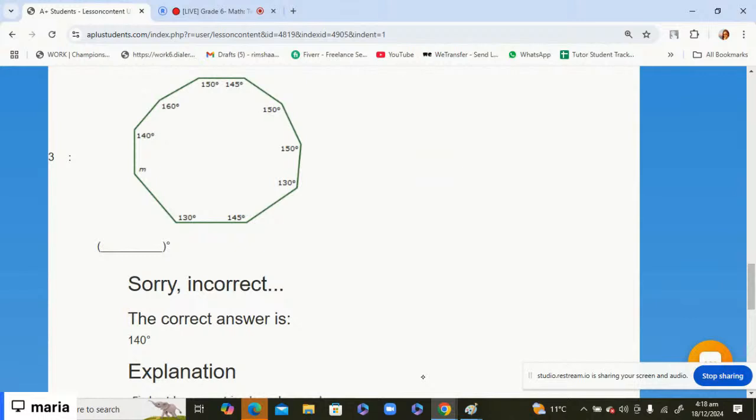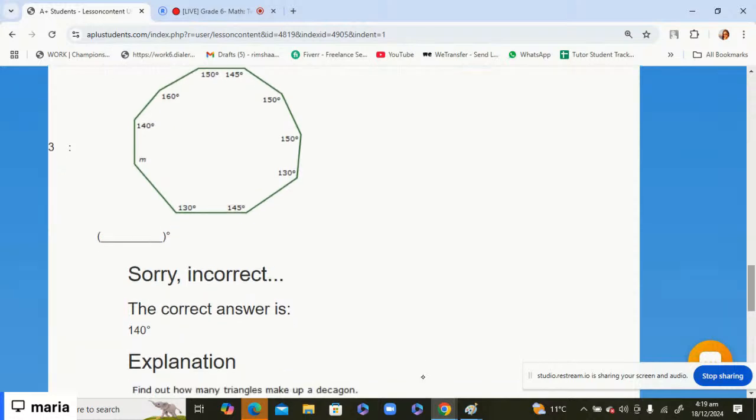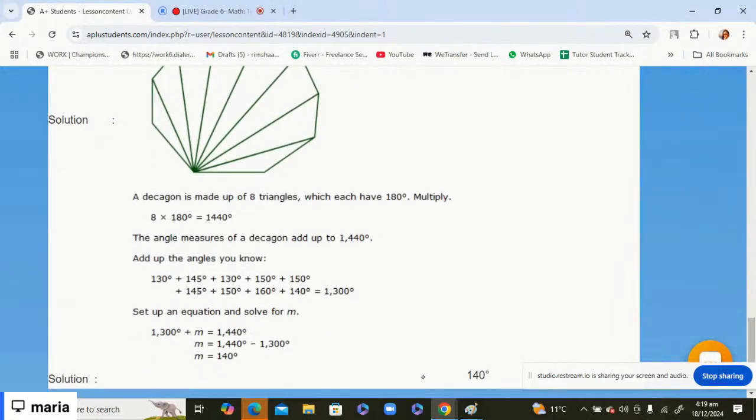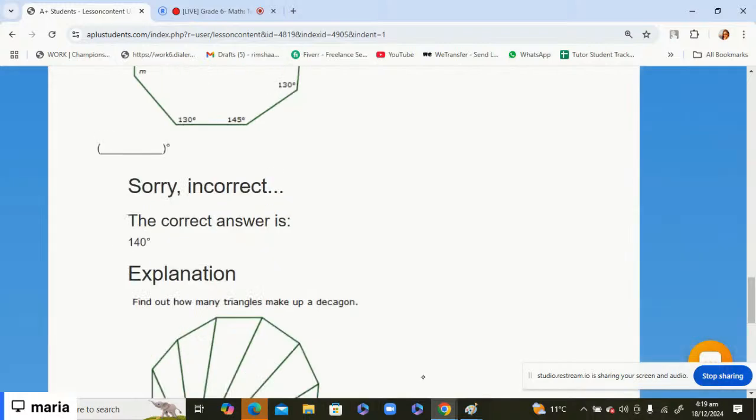Now look at here, this one. This is again 1, 2, 3, 4, 5, 6, 7 and 8. Okay, 1, 2, 3, 4, 5, 6, 7, 8 shapes, and here it's the 145 degree. So if this is not given, when you go through according to the m value, how can you put the angles? It's 130, 145, 130, 150 and then 150.